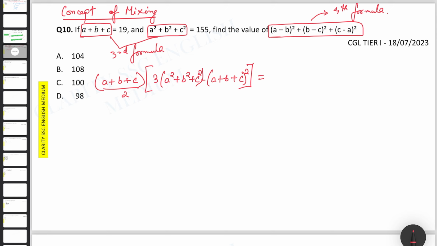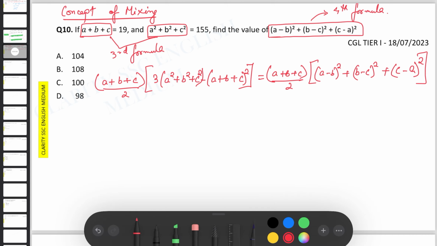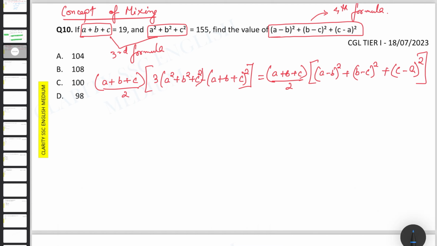The fourth formula is a plus b plus c divided by 2 into a minus b whole square plus b minus c whole square plus c minus a whole square. This is how I'm equating the two, because both are equal to a cube plus b cube plus c cube minus thrice abc. So let me cancel this.